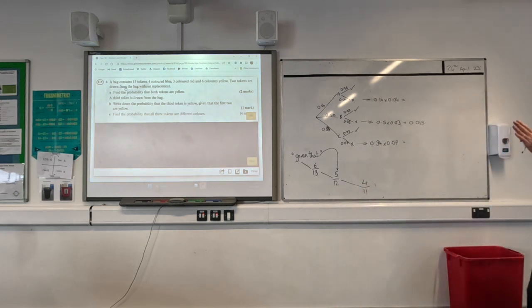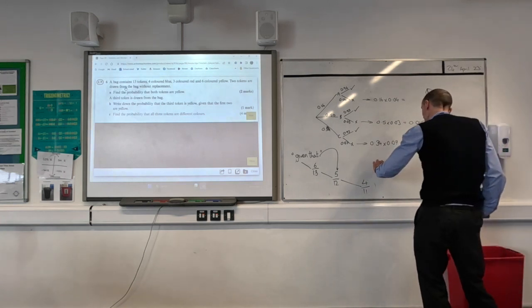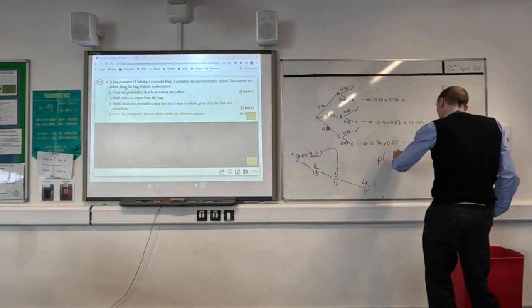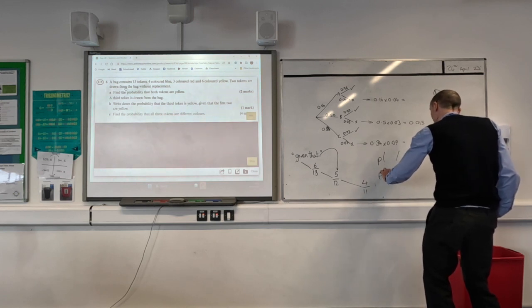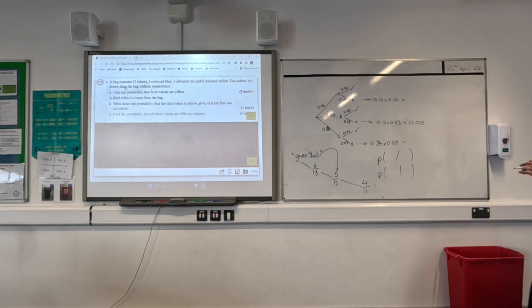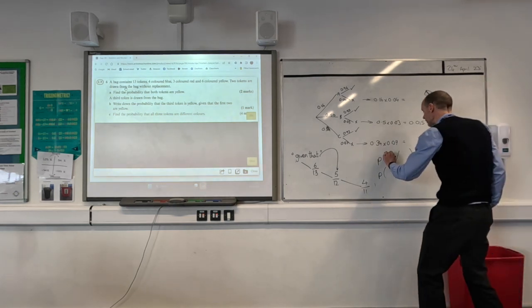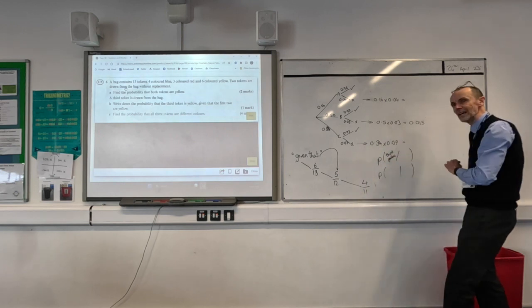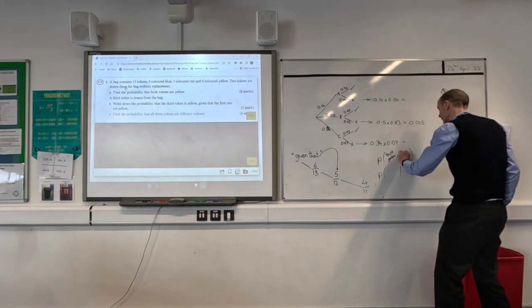Okay? Given that, and the notation we used for given that was, well, I tend to do it like that, but I think it tends to look like that. So in this case, we were asked, what's the probability that you get a third yellow, given that the first 2 were yellow?